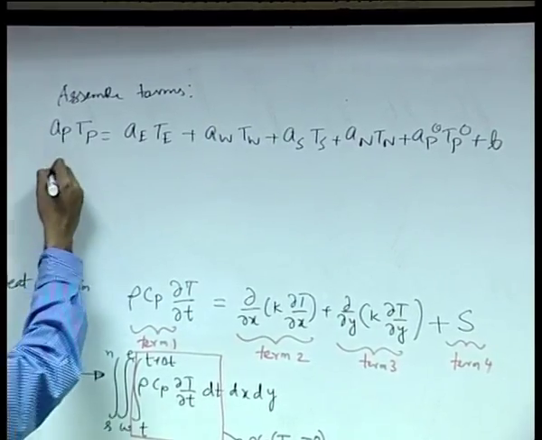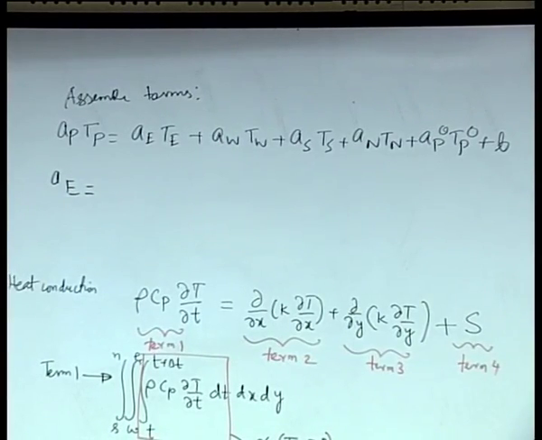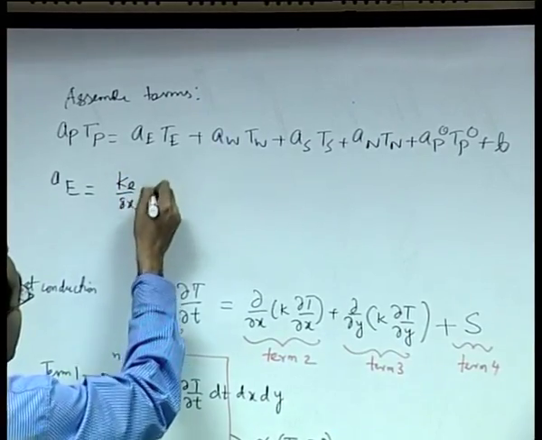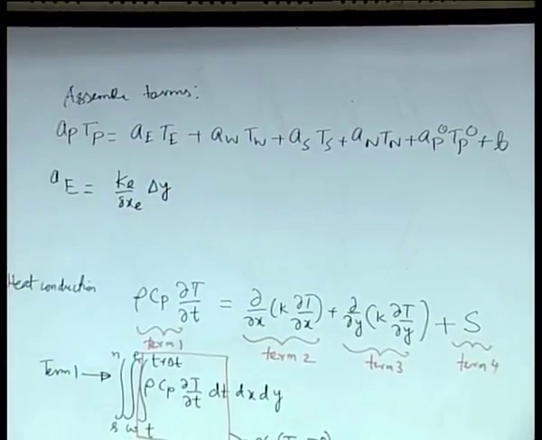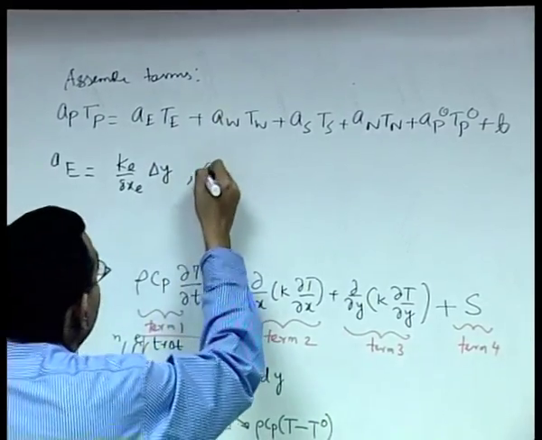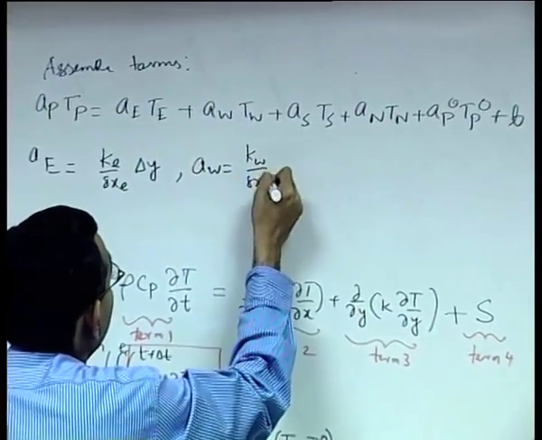What is AE? KE by delta x E into delta y. What is AW? KW by delta x W into delta y.